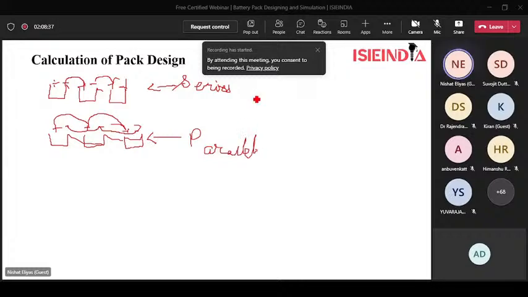In case of the series connection, the voltage adds up. While in case of the parallel, there is the capacity addition.